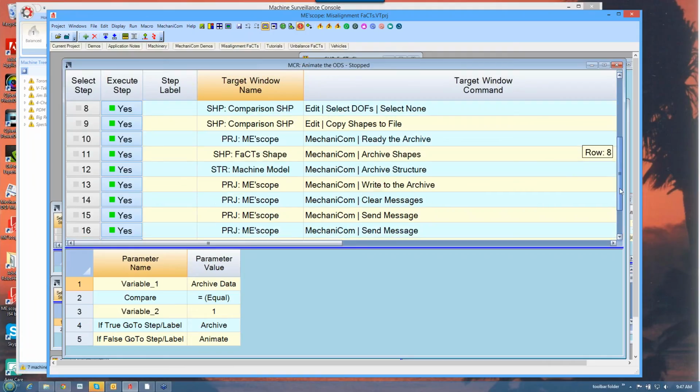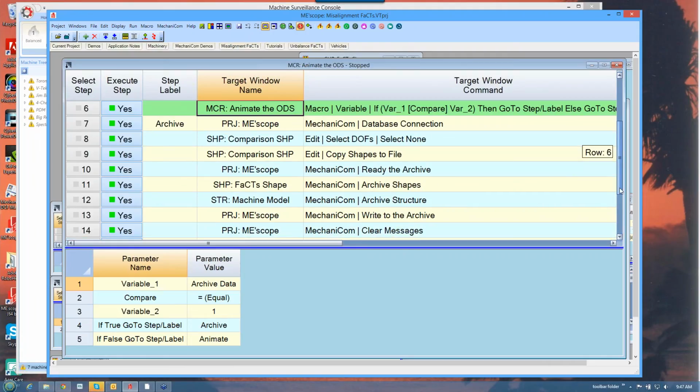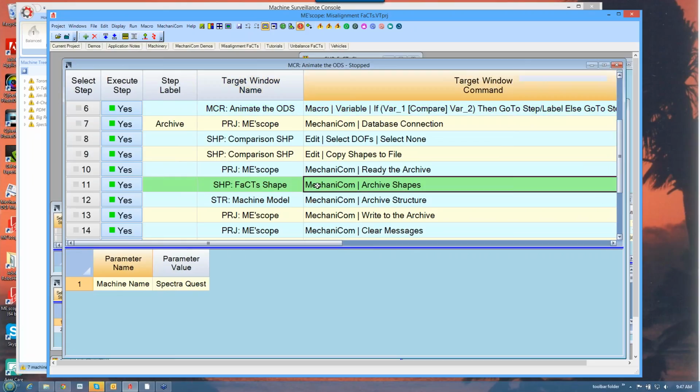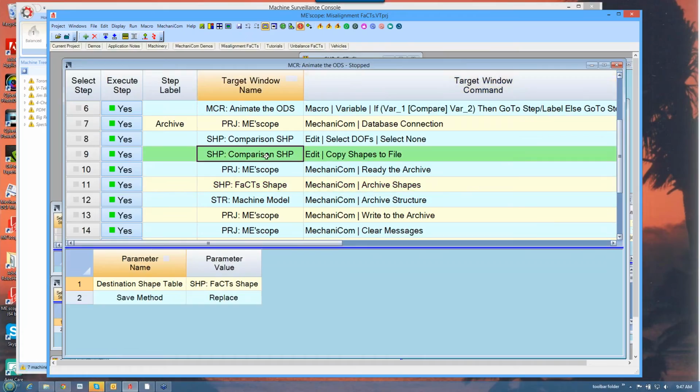So the archive is actually going to push the data into the database so we can look at it. And it's going to do some other things in here. You can see it's going to archive the shapes, and this is called a fact shape table. Where did that come from? Well, I'm going to take my comparison shape and copy it into the fact shape table.